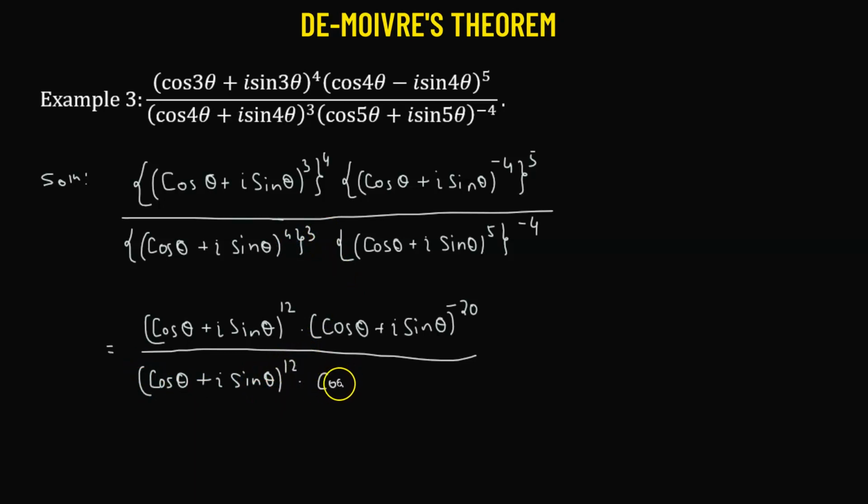And 5 multiplied to negative 4 will be negative 20.